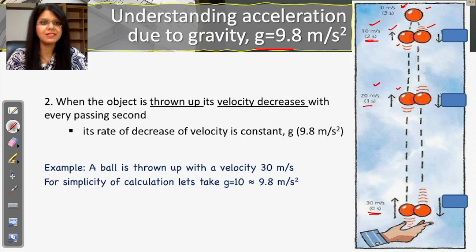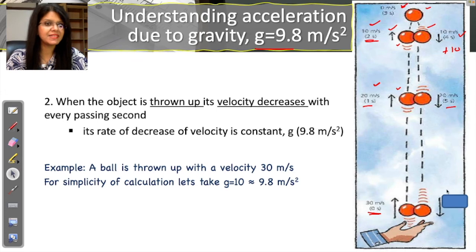Right, so what is the velocity at the fourth second? At the fourth second at this location, it is 10. At the fifth second at this location, what is the new velocity? 20. How do you get this 20? This old 10 plus 10, right?